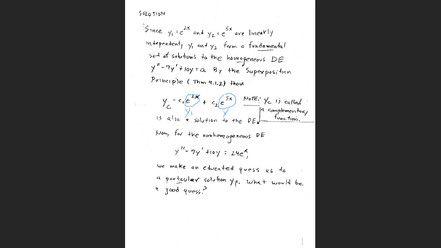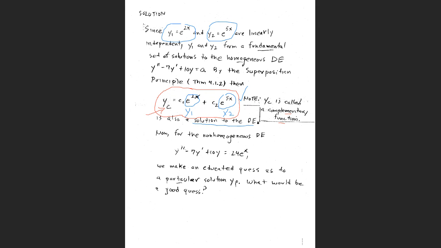If you've identified solutions to the homogeneous differential equation, then a linear combination of those solutions is also itself a solution to the homogeneous differential equation. And we actually call this linear combination a complementary function. That's why I have y sub c here. I don't have to put the little c there, but you're going to see why I put it there. But we call that a complementary function.